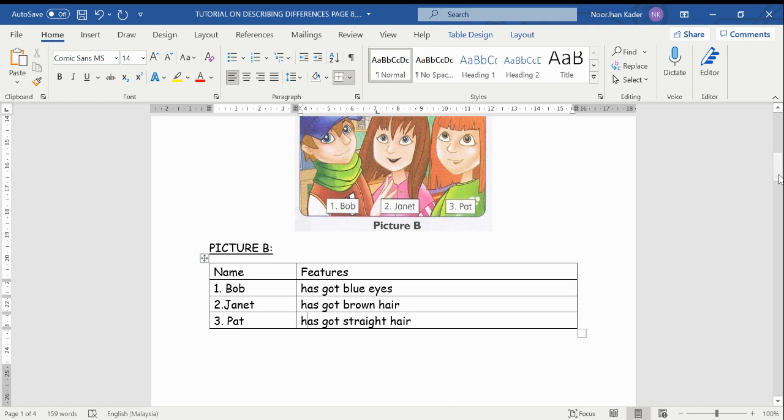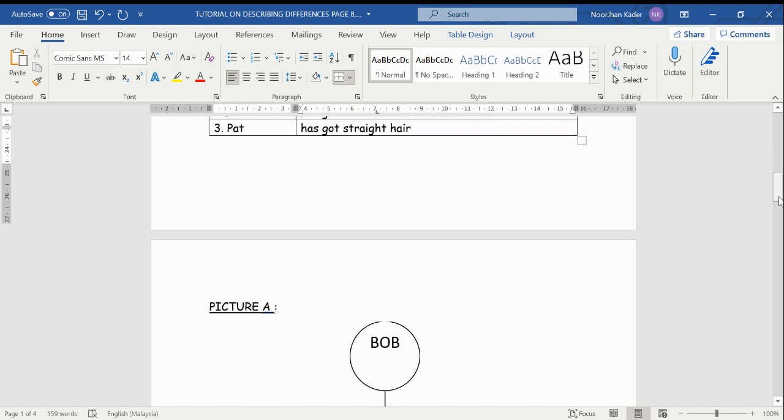So when we describe differences, we also have to use positive and negative statements. Those statements have to be used when we are describing differences. Okay, so we have done with the first one.